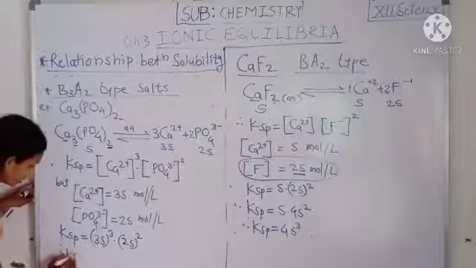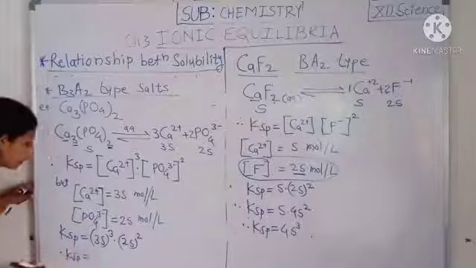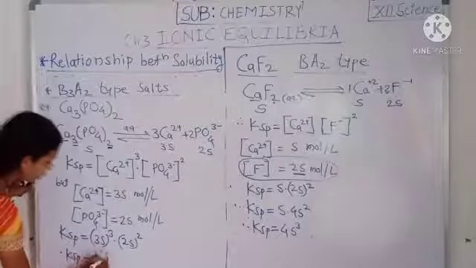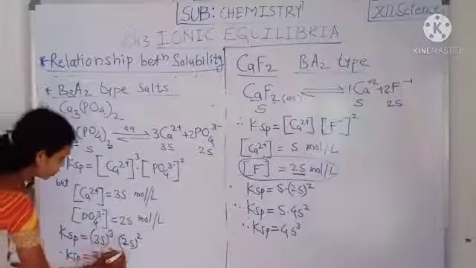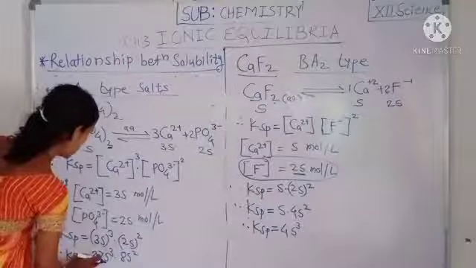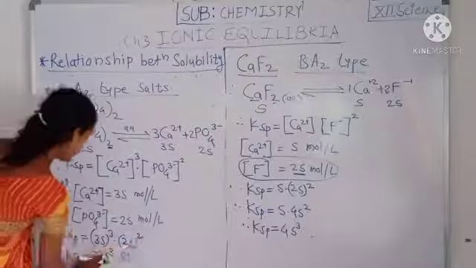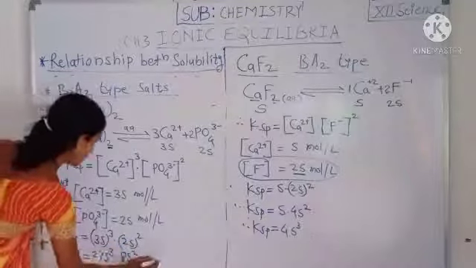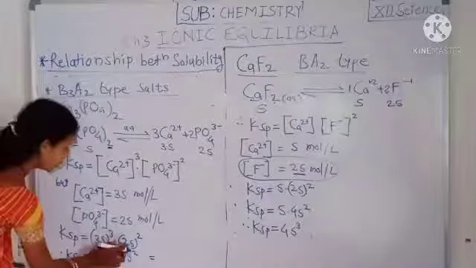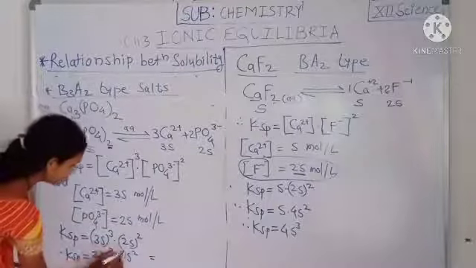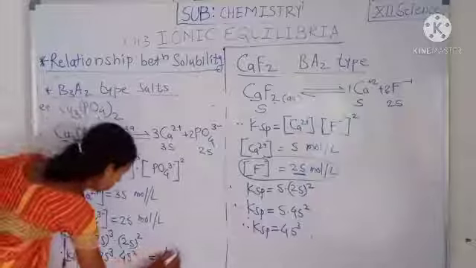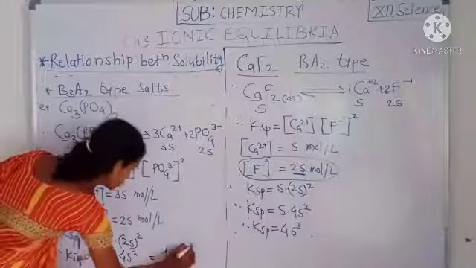Therefore Ksp is equal to 27S cube into 4S square, that is 108S raised to 5.